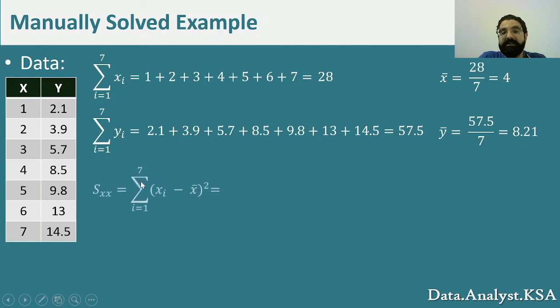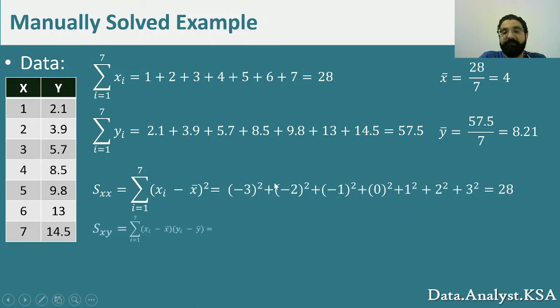And now, to get the sum of xx, or the sum of squares of xx, basically what we need to do is just take this value, 1 minus the x bar, so it's 1 minus 4 squared, plus 2 minus 4 squared, plus 3 minus 4 squared, and so on. And I sum all of these squares. And I'm going to end up with this number, and it's going to be 28.